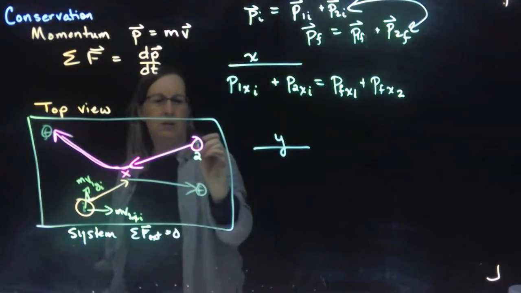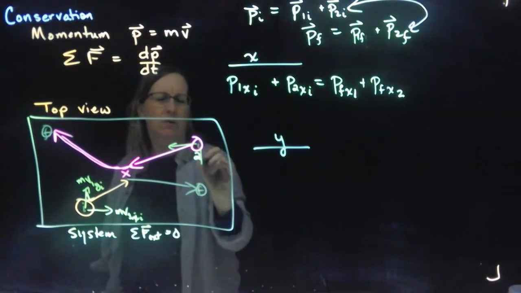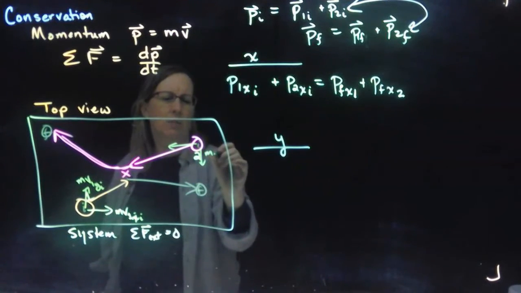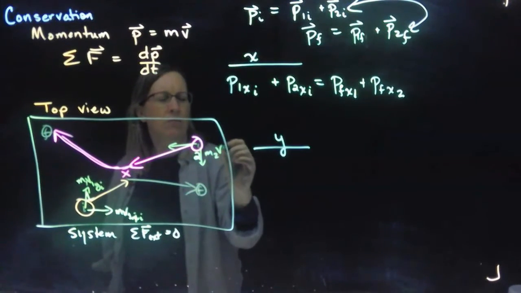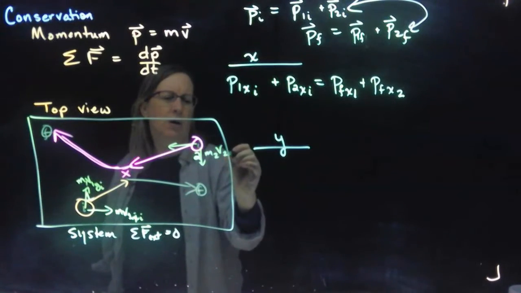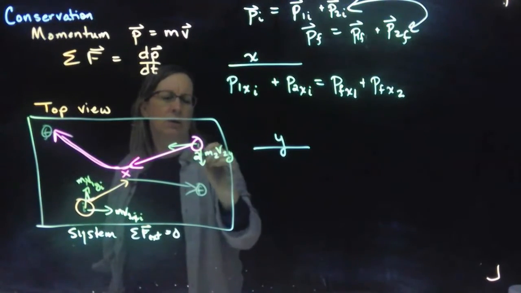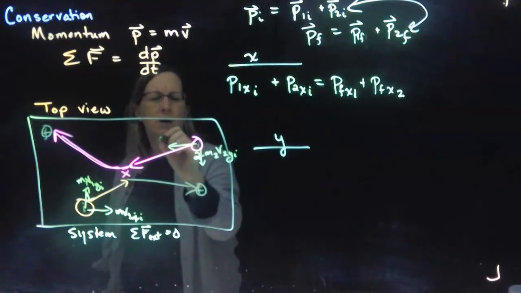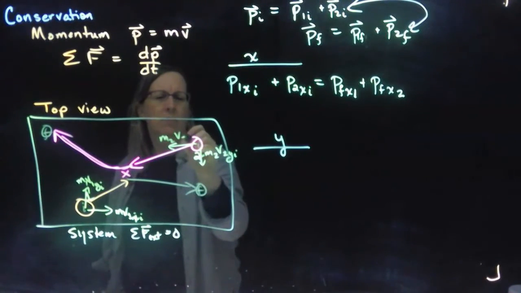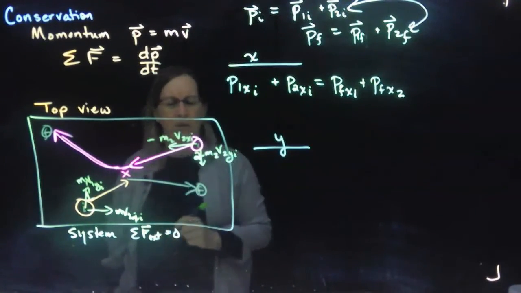And then I've got this over here, m2, v2 in the y direction, and there's going to be a minus because it's down, initial, and then m2 v2x initial, which I'd probably call the negative direction.